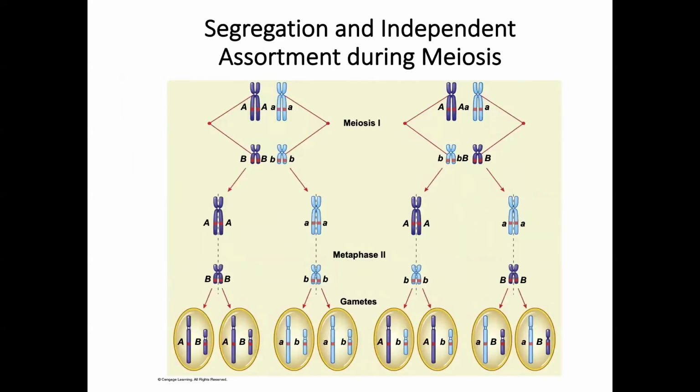Mendel's observations about segregation and independent assortment can be explained by the behavior of chromosomes during meiosis. The random arrangement of maternal and paternal chromosome pairs at metaphase of meiosis 1, see here, produces 4 combinations of the 2 genes in gametes: 1, 2, 3, 4, okay? So both laws are determined in meiosis 1.